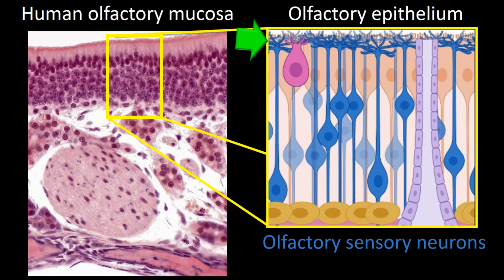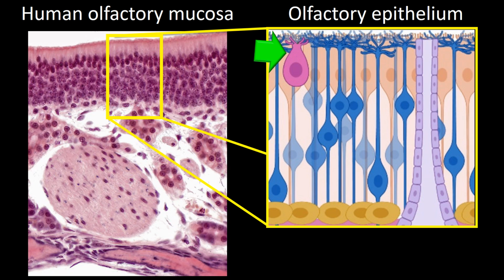The dendrites of the olfactory receptor neurons end in a brush of immobile cilia. The cilia are immersed in mucus. In the illustration, the cells in pink are called microvillar cells. In the specimen, I have indicated a cell that is likely to be a microvillar cell.